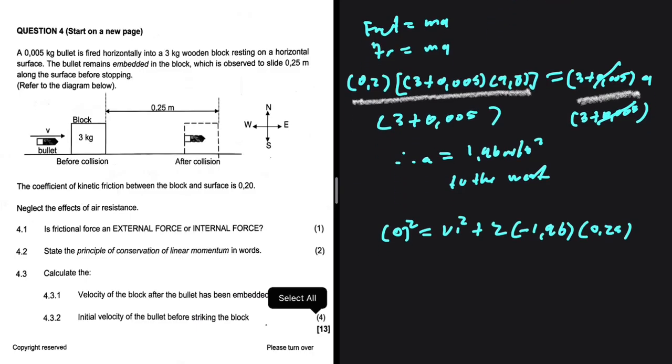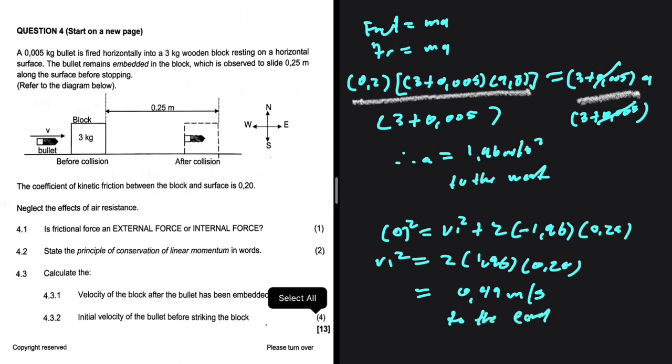If we solve this, we get VI squared equals 2 multiplied by 1.96 multiplied by 0.25. Now it is just a matter of taking square roots on both sides. We get 0.99 meters per second to the east as our initial velocity of the bullet block system.